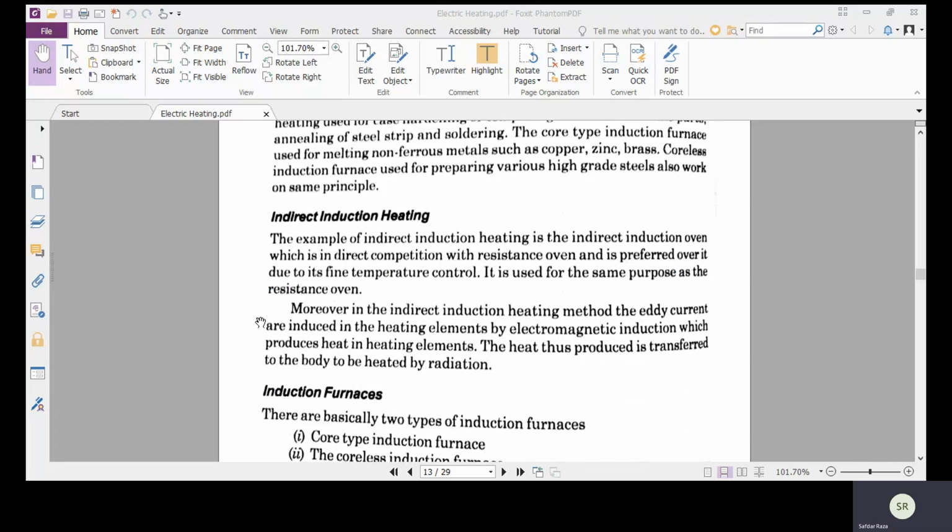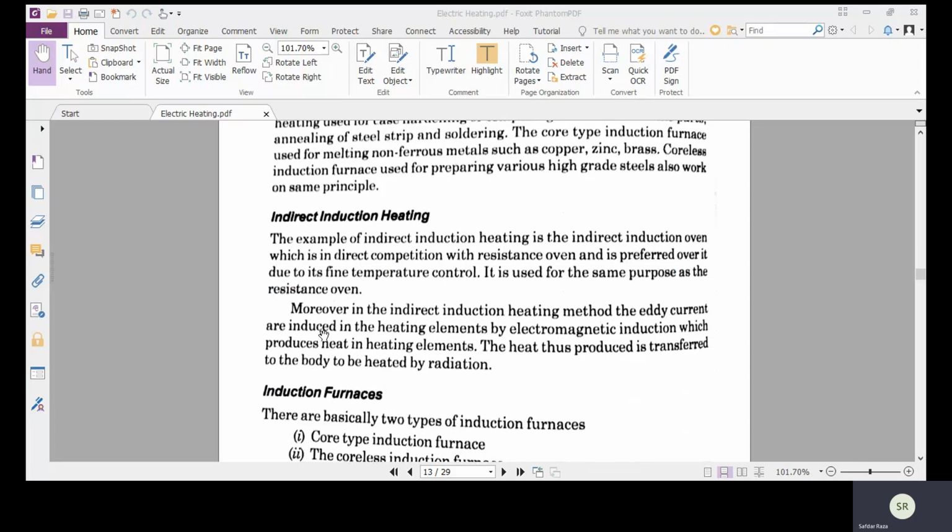Moreover, in the indirect induction heating method, the eddy currents are induced in the heating element by electromagnetic induction, which produces heat in the heating element. Here, the eddy currents are not moving within the material, as in the case of direct induction heating.